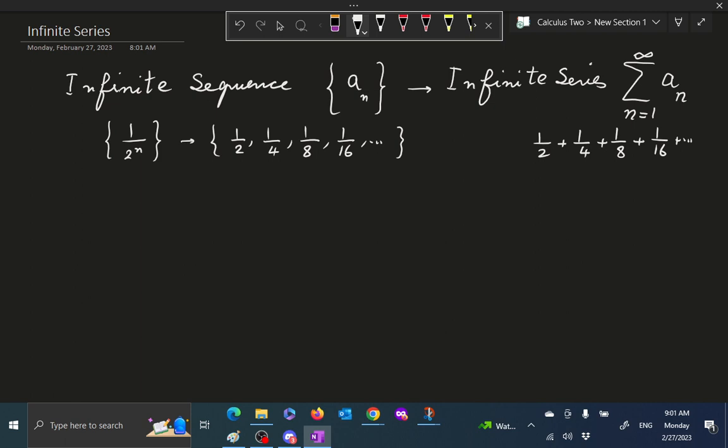Well, we break it down into small pieces so that it becomes manageable and also resembles something that you have done before. And that concept now is the concept of a partial sum of a series.